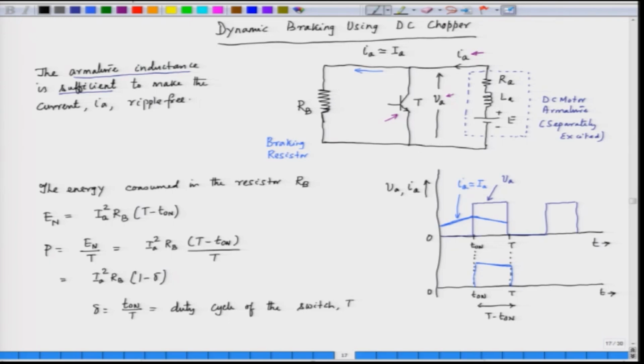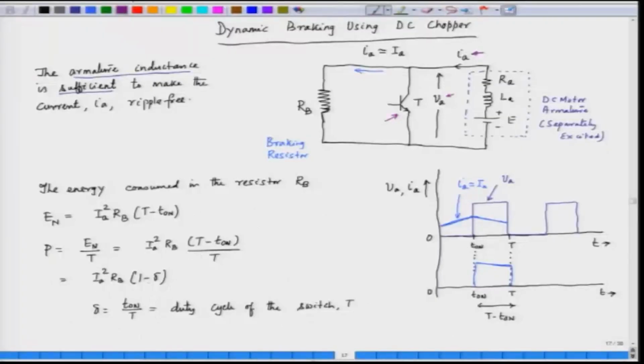By varying delta, we are able to vary the braking power. This delta is variable, so if you change it, the braking power can be changed.